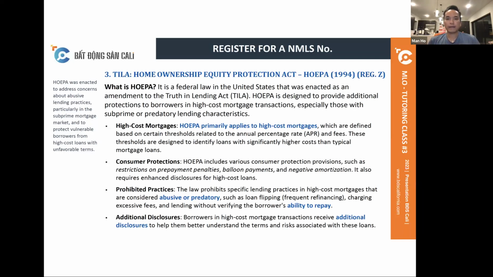Balloon payment, what is it? Your loan can be 30 years long under amortization, which I'll explain. But after 10 years, you have to pay everything back. They calculate on 30 years so that your monthly payment is low.